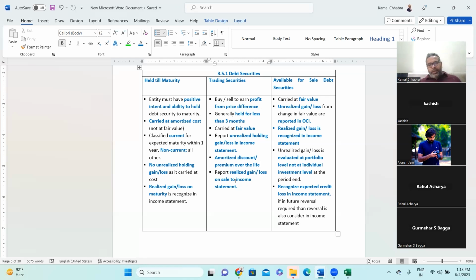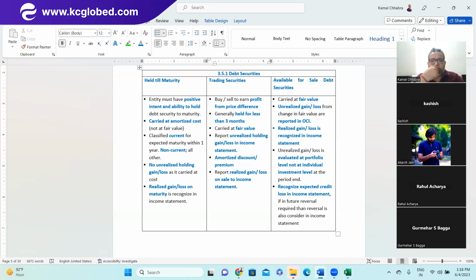Yeah, you have a valid point. So when we have a trading security and there is a discount or premium which you have paid, give me a minute, we'll get back to you on this. Here we are saying we purchase a trading security at a premium, so then why do I need to amortize?